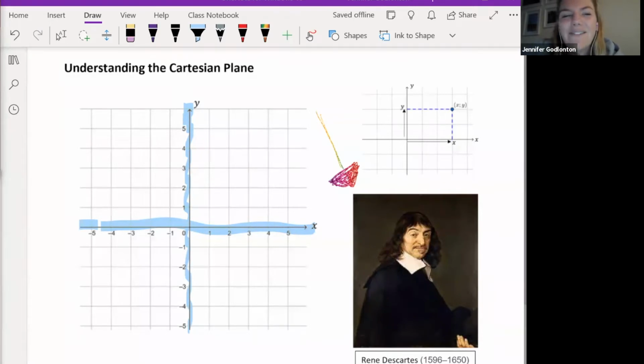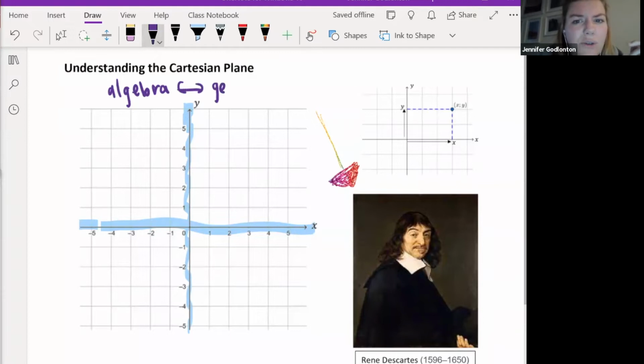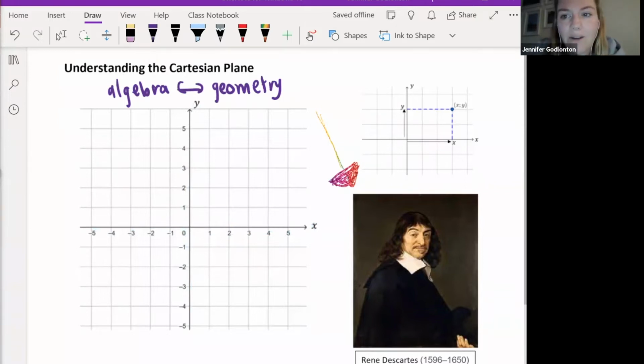Okay, so this lovely little French man over here, he brought up this idea of the Cartesian plane. And the Cartesian plane is a way for us to link algebra and geometry. So it's like a link between them. It acts like a bridge between algebra and geometry. And the way that it works is we use these things called coordinates. And coordinates are made up of an x value and a y value.